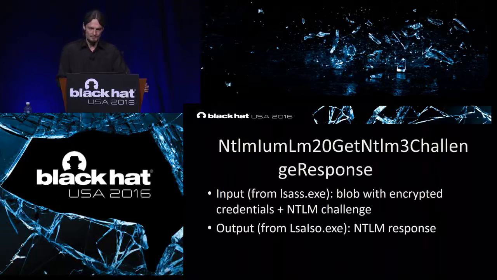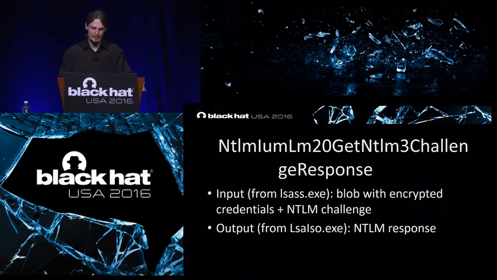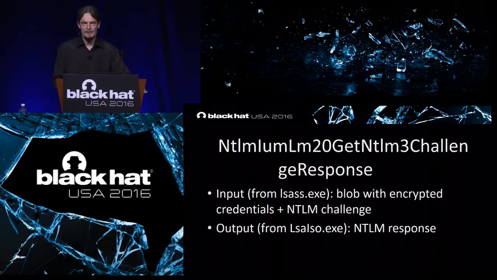So how is it used? Another example is get NTLM3 challenge response. Whenever authenticators are actually needed, for instance to compute an NTLM response, LSASS must again talk over RPC to LSAISO. In this case, it passes the blob with encrypted credentials received in the previous step, plus the NTLM challenge, username, etc., anything that's needed to compute the NTLM response.